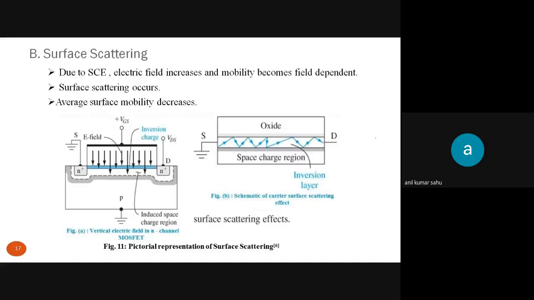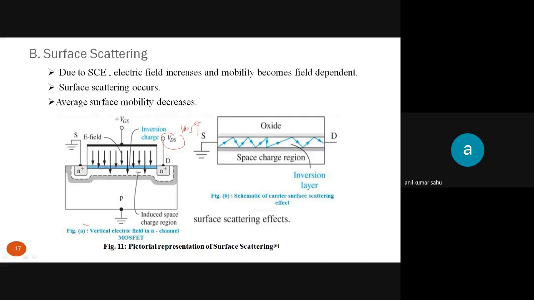Similarly, another type of effect is known as surface scattering. Here you can see the physical dimensions of an N-channel MOSFET. This is due to surface scattering. Whenever the electric field increases when VDS is increasing, mobility becomes field dependent, so surface scattering will occur.